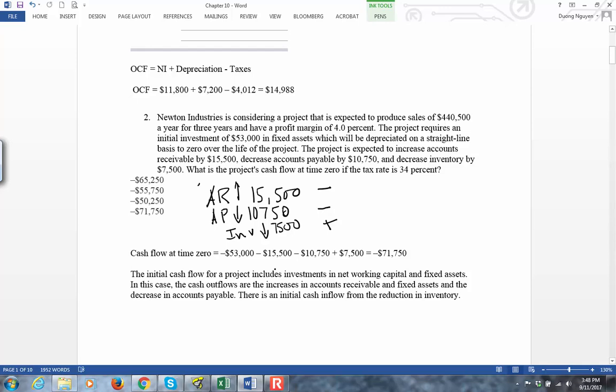So in summary, the company paid 53,000 at the beginning and makes adjustment for 15,500 for account receivable, 10,750 for account payable, and 7,500 for inventory. So the ending result is negative 71,750. That is how much cash outflow at time 0.